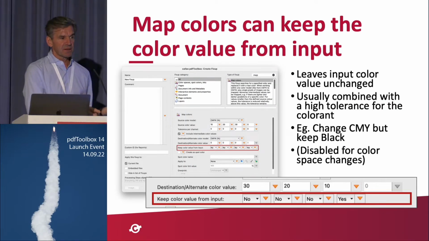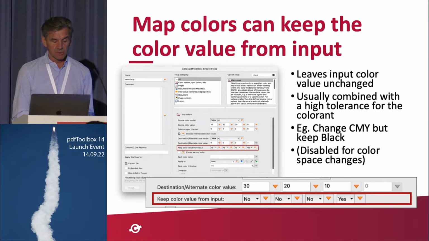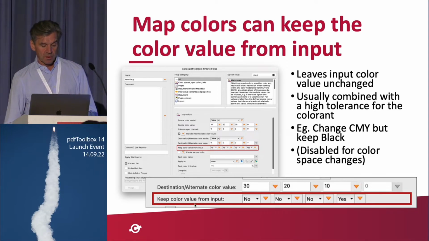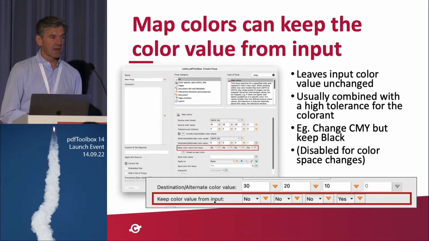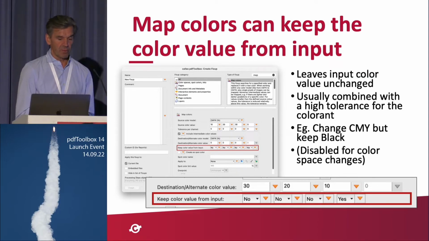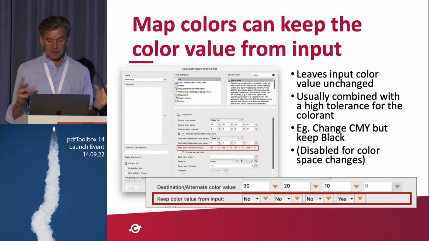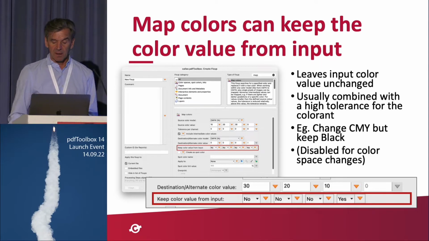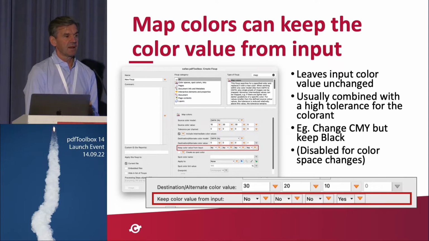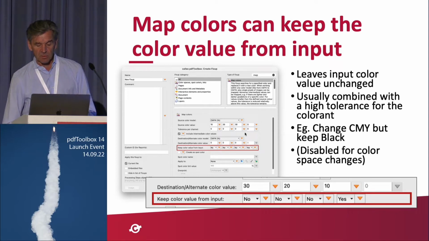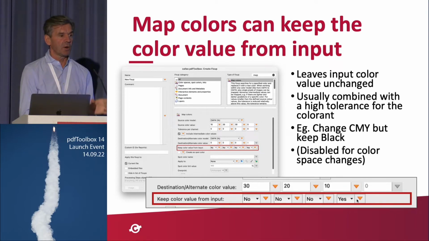Anyway, the other new thing in map colors is a new input value. You can keep the color value from input, which should explain what it does. Let's use our example again. We only take cyan, magenta, yellow into account. We could then say it doesn't really matter what black is, but I want black to keep the value that it has in the input.